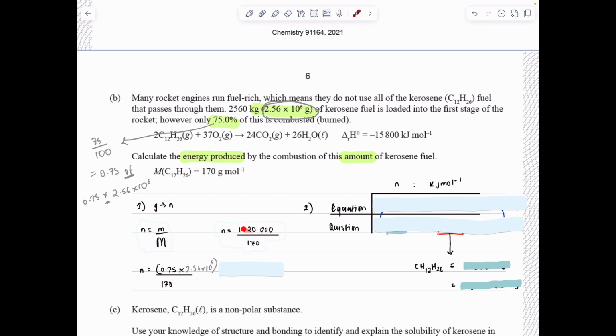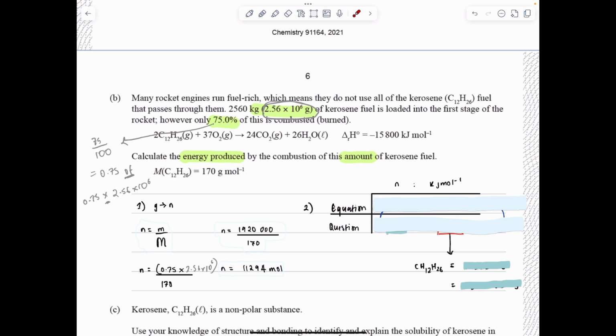So 75% of this many grams is shown here over the molar mass, which is 170. So the moles of this value is calculated over here. That's going to come in handy very soon.